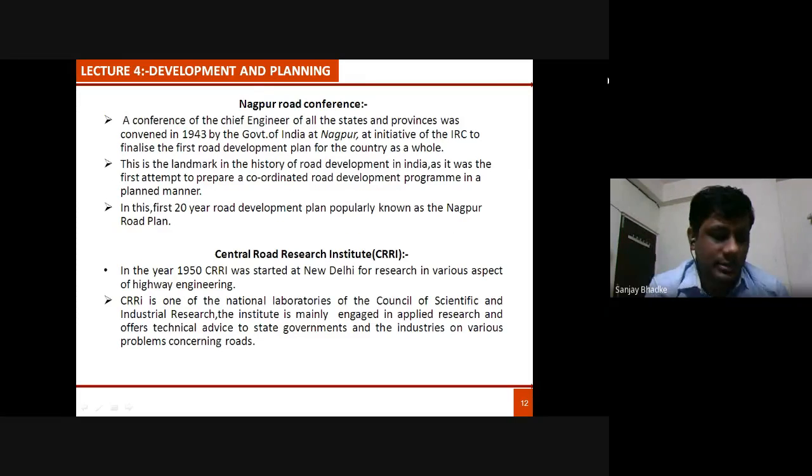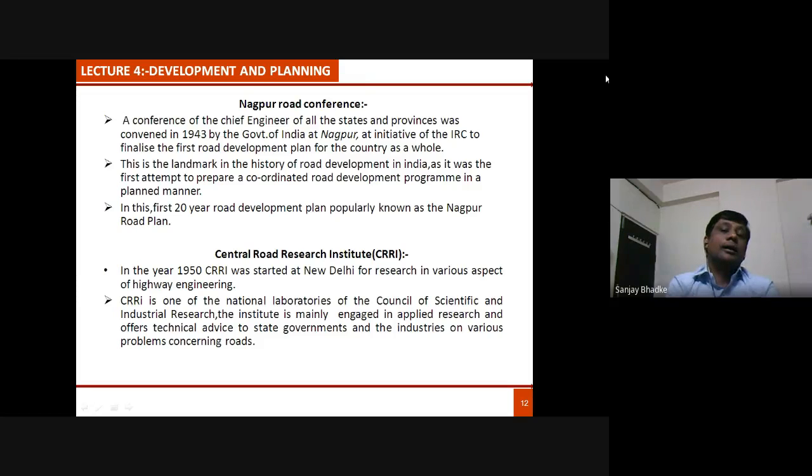Now we are going to discuss the Nagpur Road Conference. A conference of the chief engineers of all the states and provinces was convened in 1943 by the Government of India in Nagpur at the initiative of the IRC to finalize the first road development plan for the country as a whole. We know that Nagpur is in the center of India.